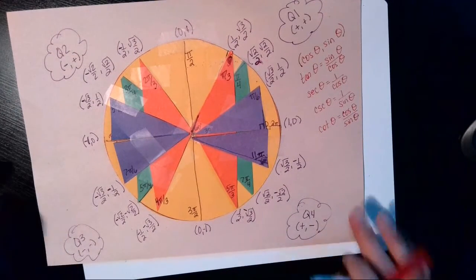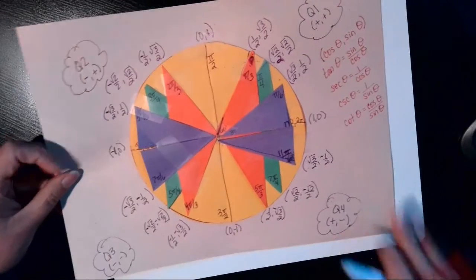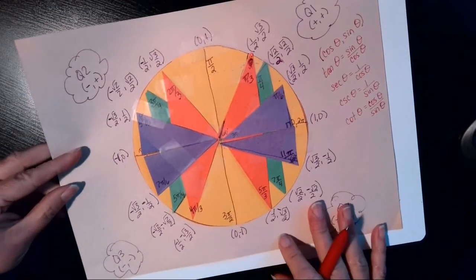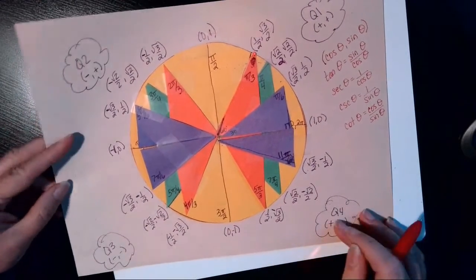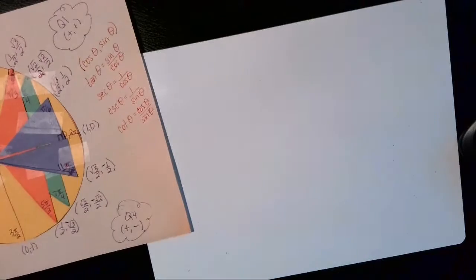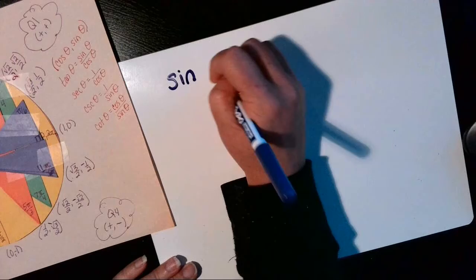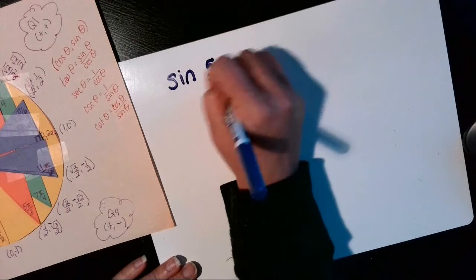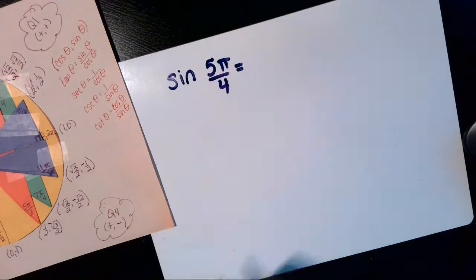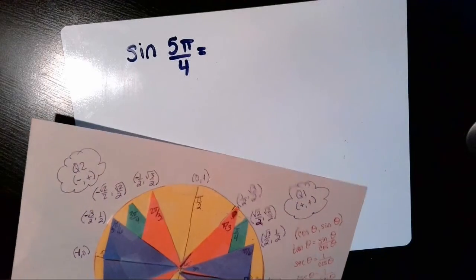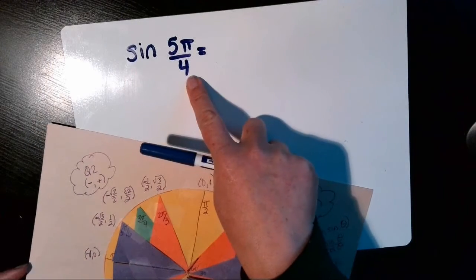So we're going to go ahead and work through some examples now and see how amazingly easy this is if you know your unit circle. So say I wanted to find the sine of 5 pi over 4. Okay, because it's the sine, I want the y coordinate at this angle's terminal point, 5 pi over 4.